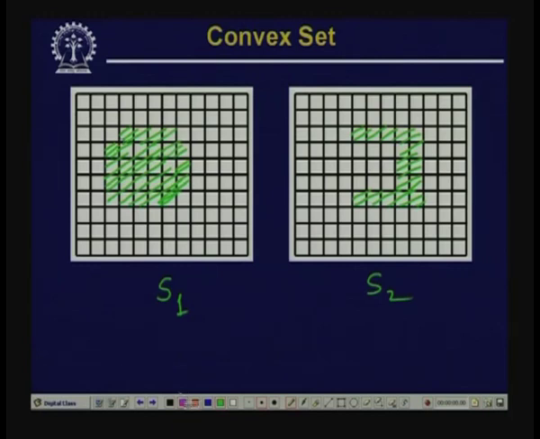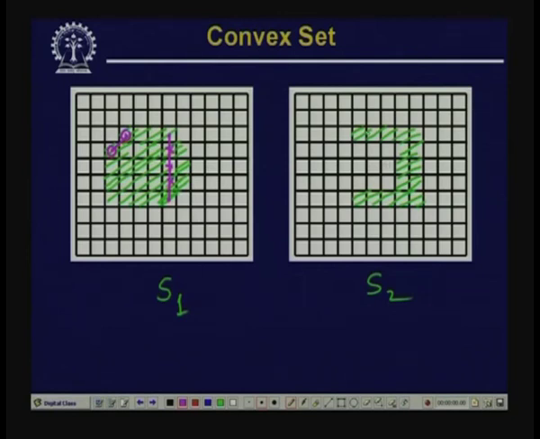You find that in this point set S 1, if I take any pair of points and draw a straight line through that pair of points, something like this, all the points lying on this straight line are within set S 1.